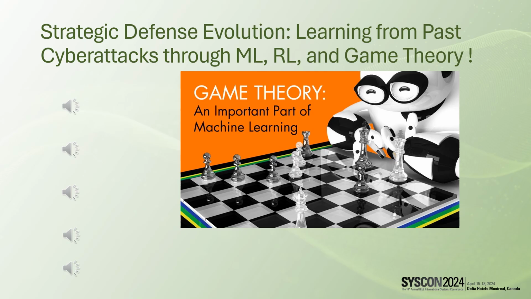Reinforcement learning, a type of machine learning, can be particularly effective in dynamic and uncertain environments like cybersecurity. Reinforcement agents learn optimal behavior through trial and error interactions with the environment.